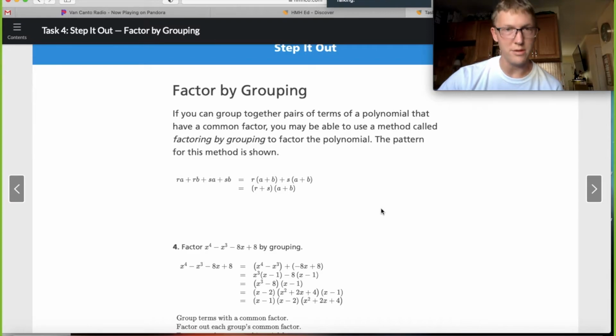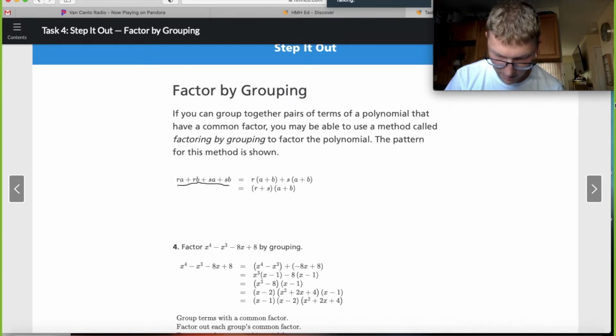The pattern for this method is shown. So it's something like this. If you have RA plus RB plus SA plus SB, you'll notice that there's an A plus B here and an A plus B. So that's what they're going to try to do. You group the first two together, pull an R out.